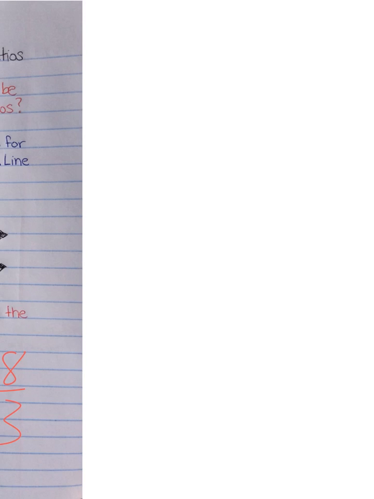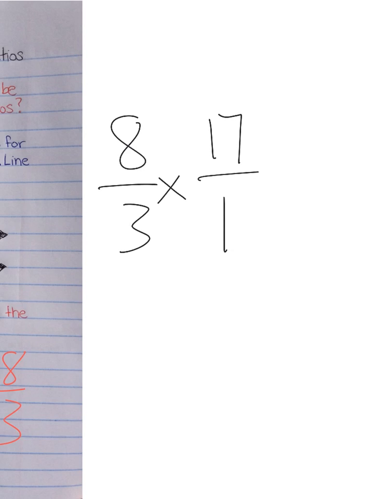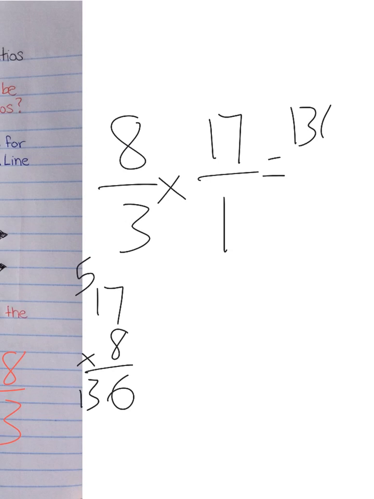Let's do 8/3 times 17. 8 times 17, let's see that real quick. 17 times 8, we've got 8 times 7 equals 56, carry the 5, 8 times 1 is 8, plus 5 is 13. So we have 136 over 3 times 1 is 3.